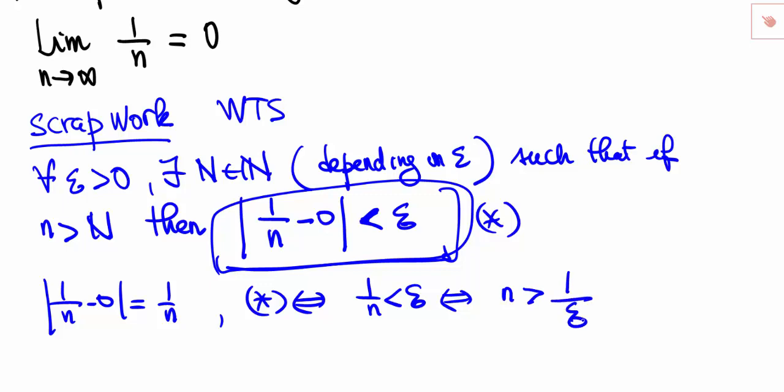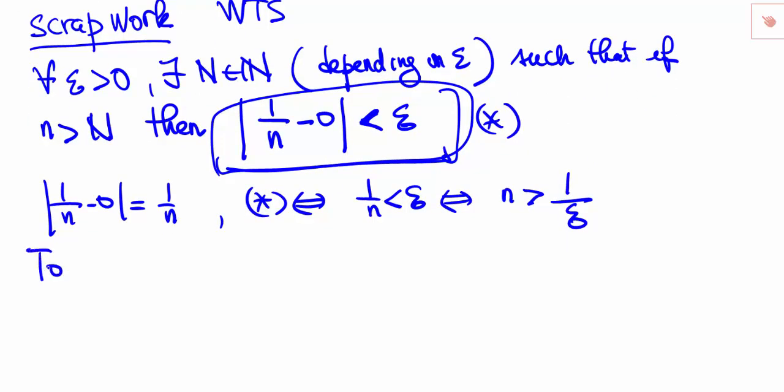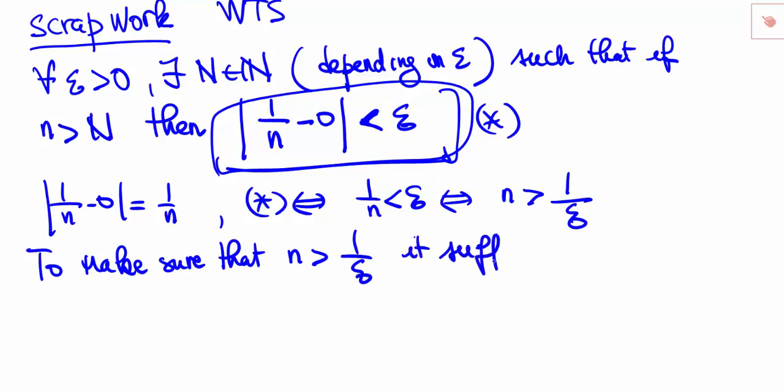So to make sure that little n is greater than 1 over epsilon, it suffices to have that capital N is bigger than 1 over epsilon.